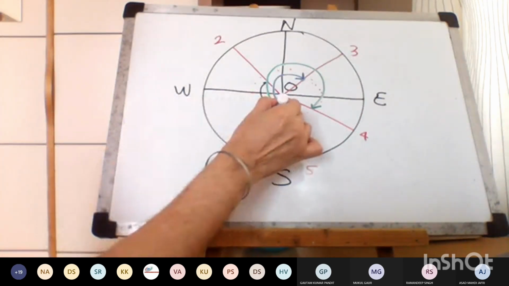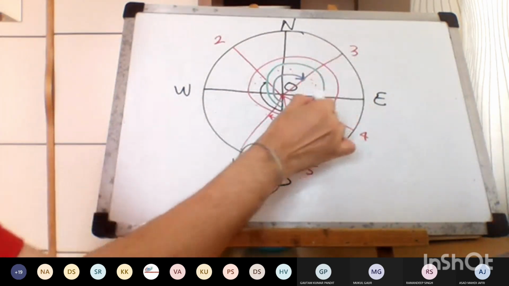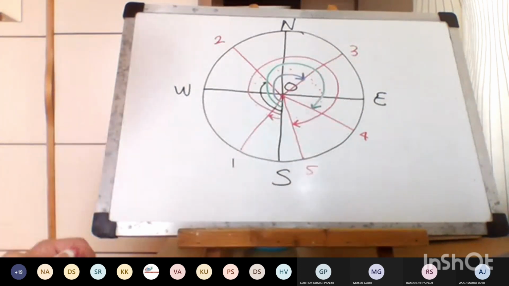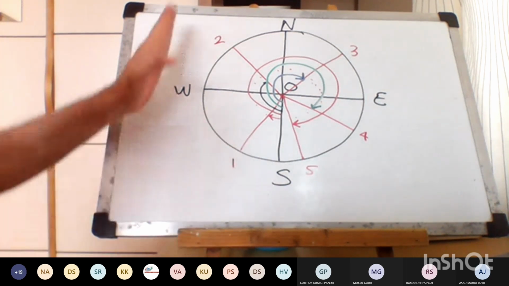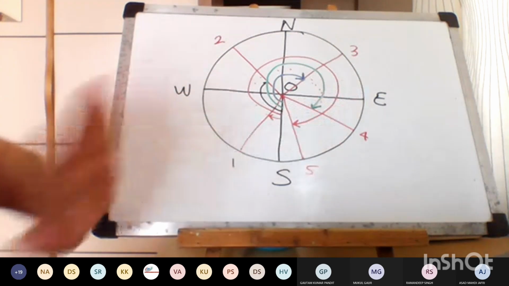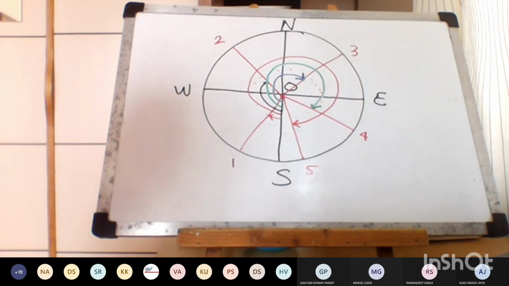And for position number 5, this is the LHA. Is this point understood by everyone? The LHA we are measuring westwards. So as the body is moving from here, the LHA keeps on increasing, right?